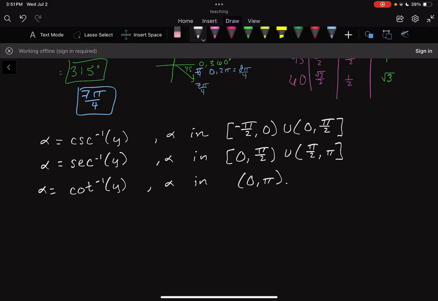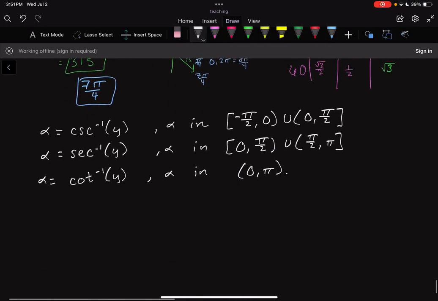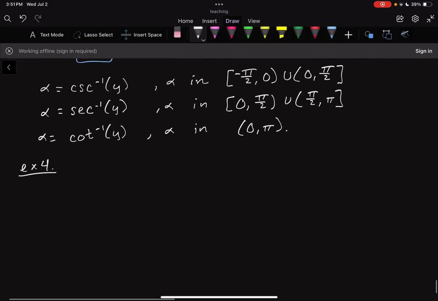And then lastly, I do want to show you one more type of example. I'm just going to do some different ones, kind of just make some up, honestly, and see how it goes. So I'll just say evaluate. I definitely want to do one of these reciprocal ones.